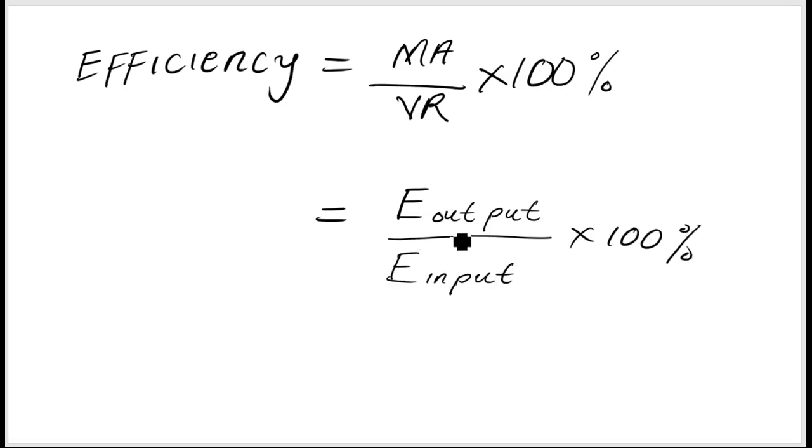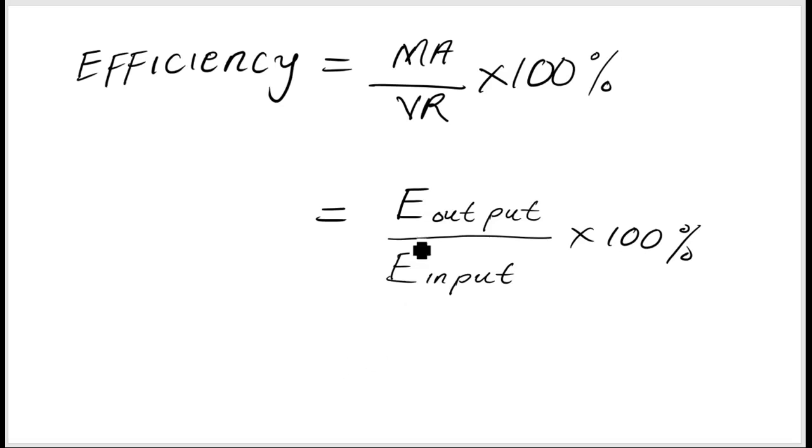Okay, apart from energy output or energy input, you can use power output over power input. You can also use work output over work input. Okay, so all those formulas can be used to calculate the efficiency.